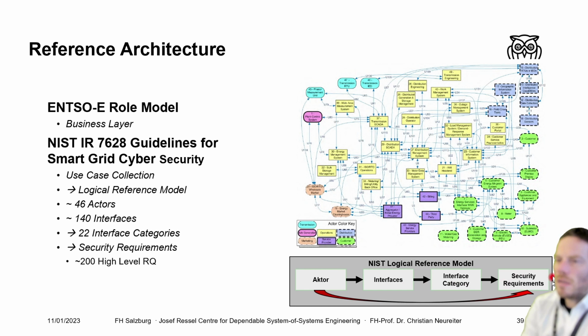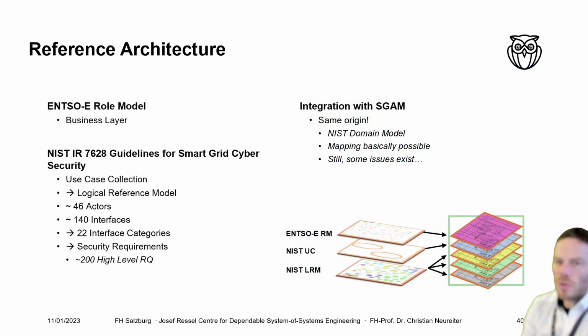And finally, you get the security requirements that correspond with these interface categories. So when you develop a model and use actors from the NIST logical reference model, you already get the corresponding security requirements.